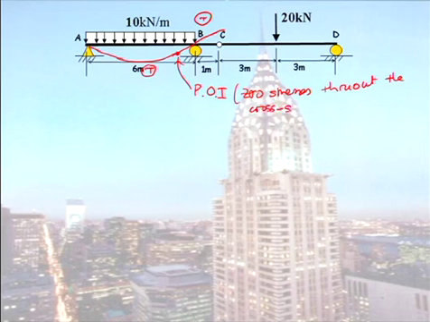So how do we work that out? Well, we know stress is equal to My on I. So when we have zero stress in the cross section, that is also where our moment equals zero.